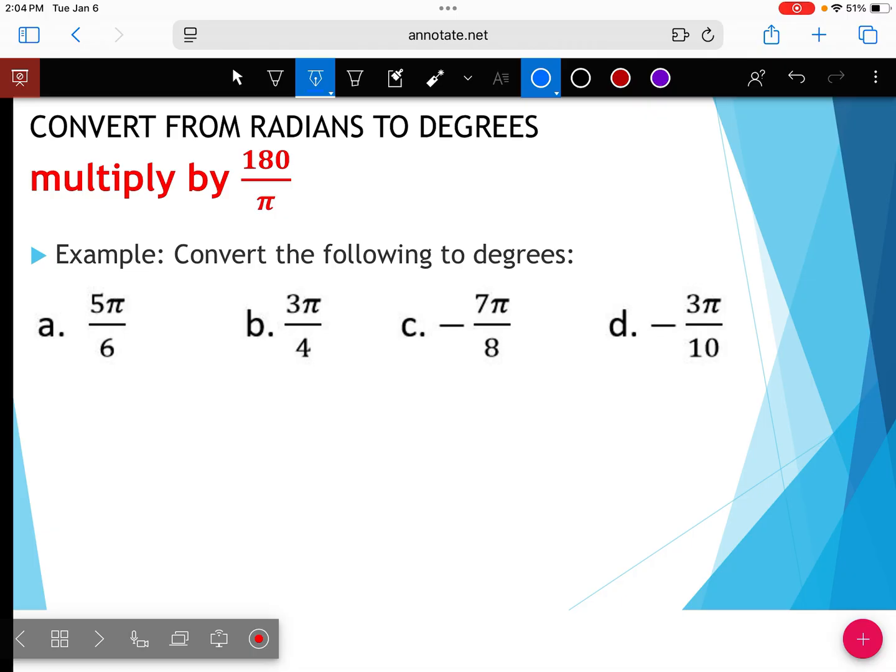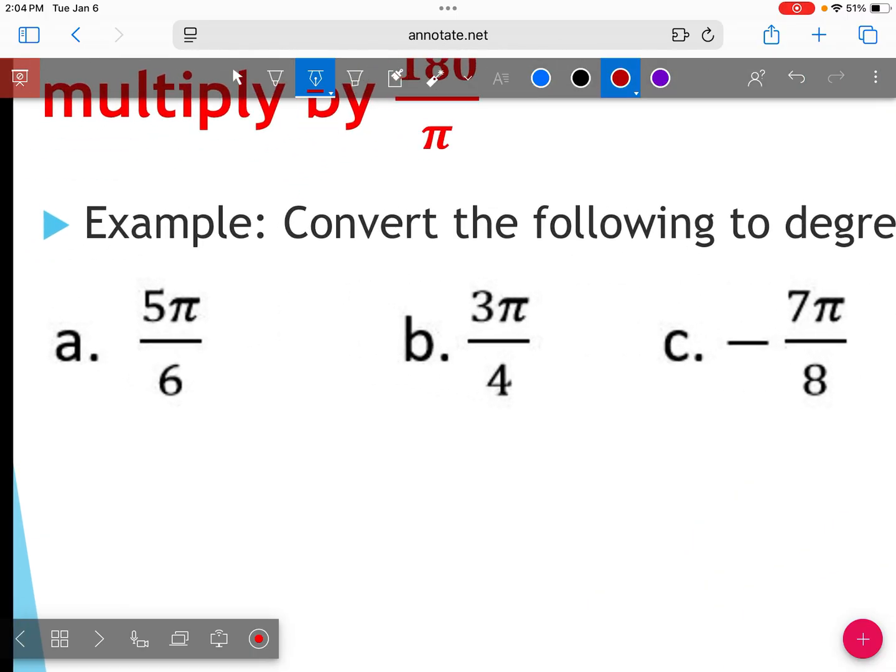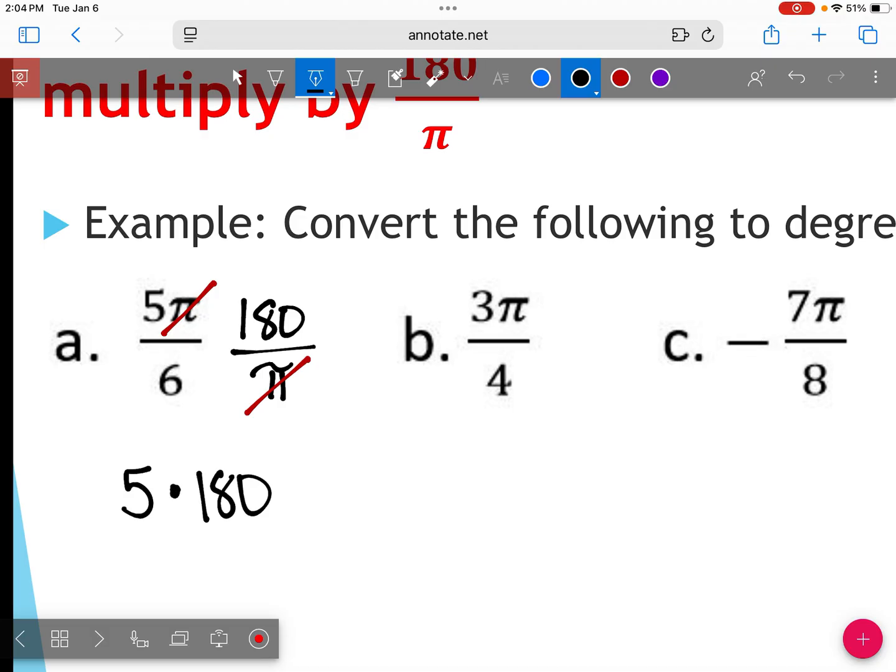When I multiply it by 180 over pi, the first thing that's going to happen, because I have a pi upstairs and a pi downstairs, is that the pi cancels. So I'm left with 5 times 180 divided by 6.